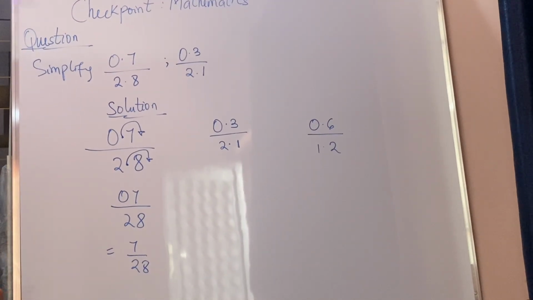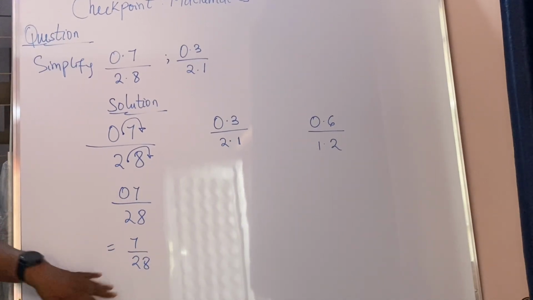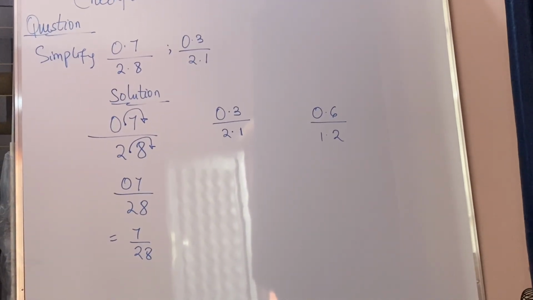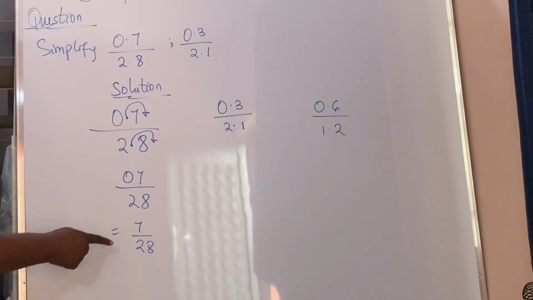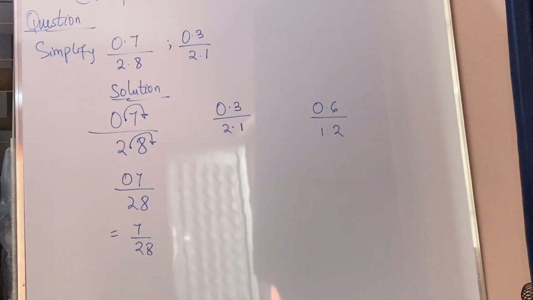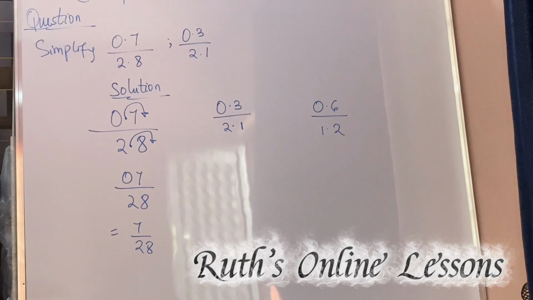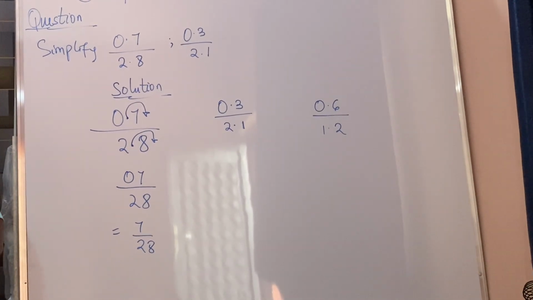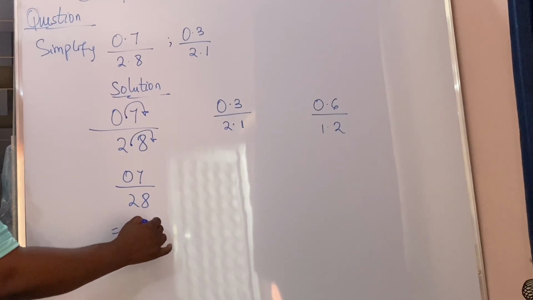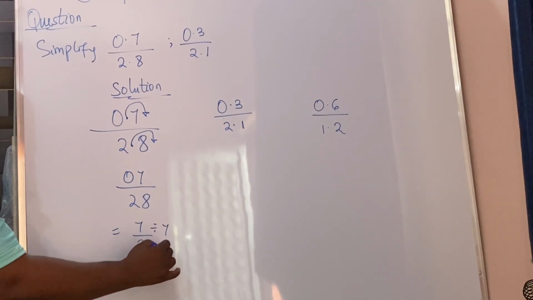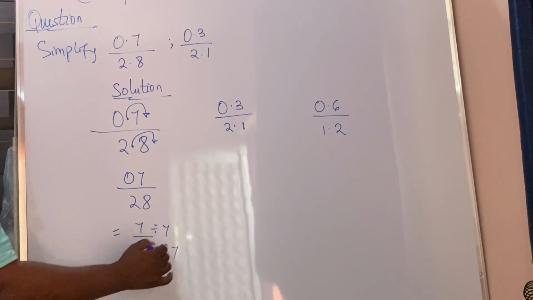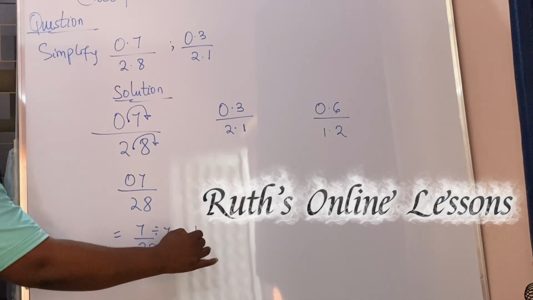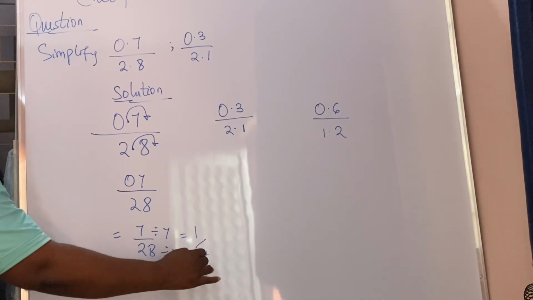Now we can work with 7 over 28 to the lowest term. All you need to do is ask yourself, what number can divide 7 and at the same time 28 exactly without a remainder? That's what I mean by looking for a common factor. 7 will go into 7 and 7 will go into 28. 7 will go into 7 once and 7 will go into 28 4 times.